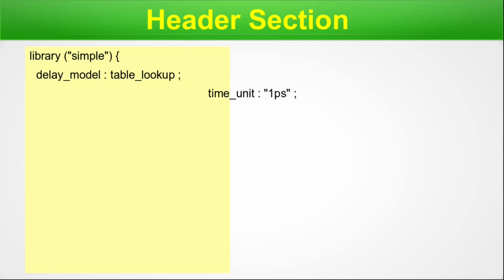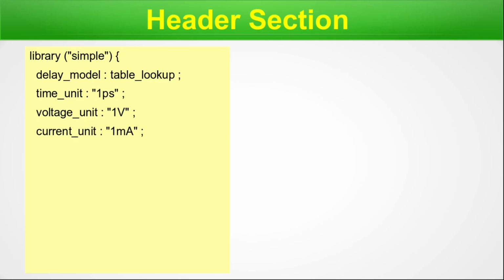Delay model: table lookup. Time unit: 1 ps. Voltage unit: 1 V, that is 1 volt. Current unit: 1 milliampere. Leakage power unit: 1 microwatt. Capacitive load unit: it has two parts if you remember. The first one is 1 and the second one is FF.